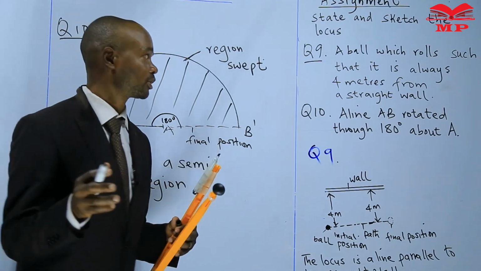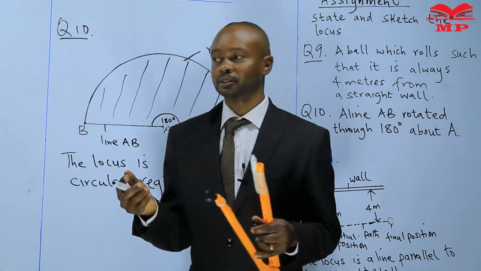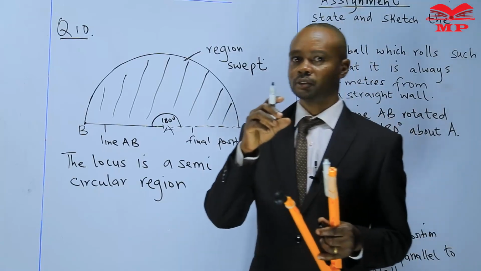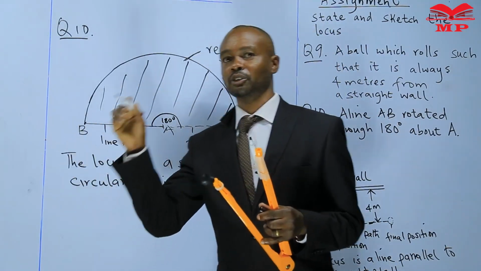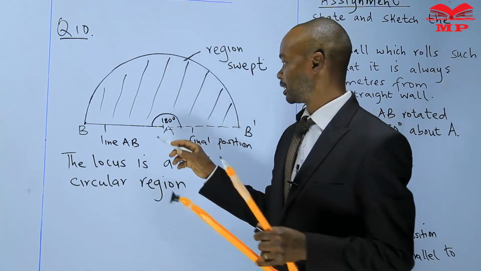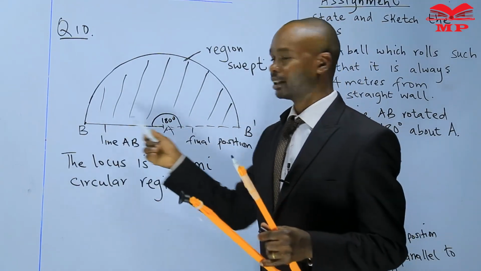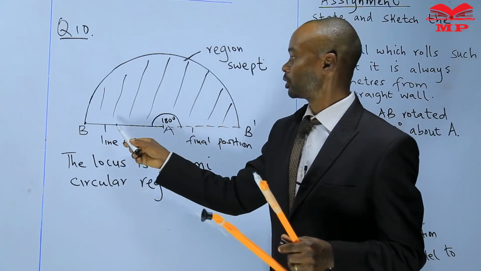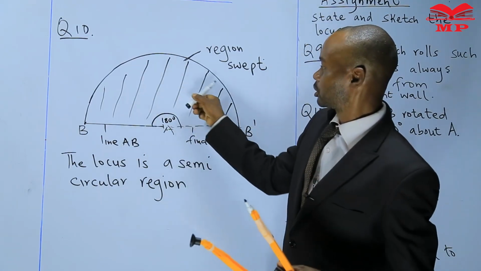What played importance there were the laws. From our definition of the locus, we had the laws: 180 degrees, and then the line. Every point on that line sweeps all over.